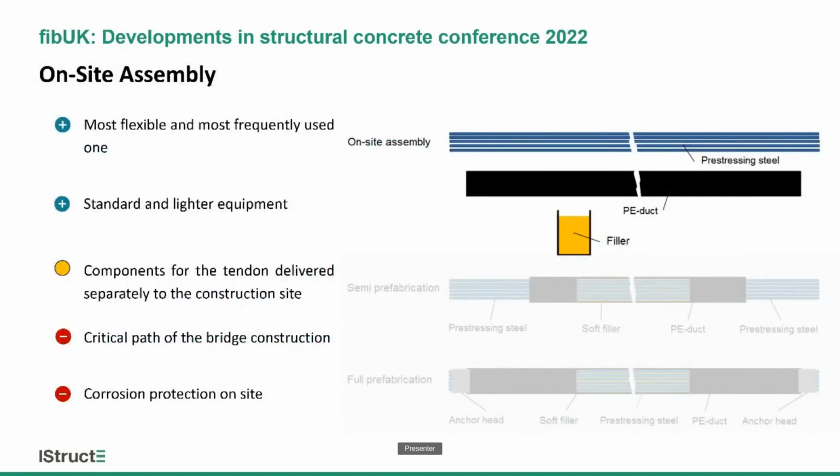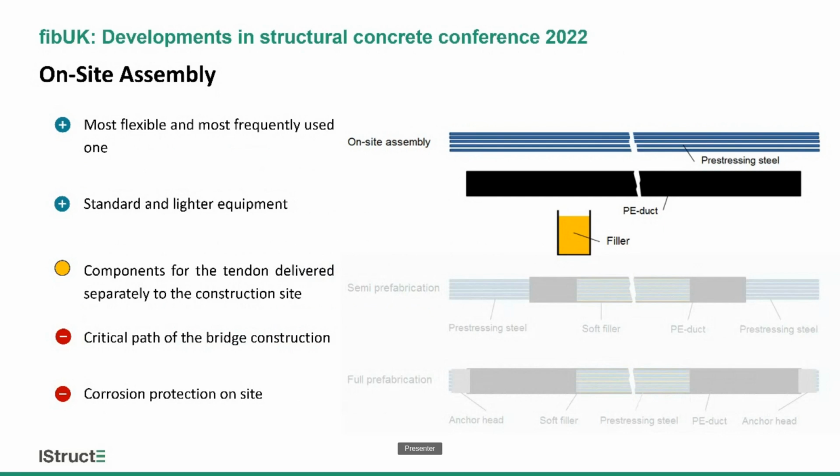Coming to some pros and cons of the different types of assembly methods, starting with the on-site assembly, and that is the traditional, most flexible and still most frequently used method, allowing that all the tendons can be separately delivered to the job site. That can be a pro and a con at the same time.